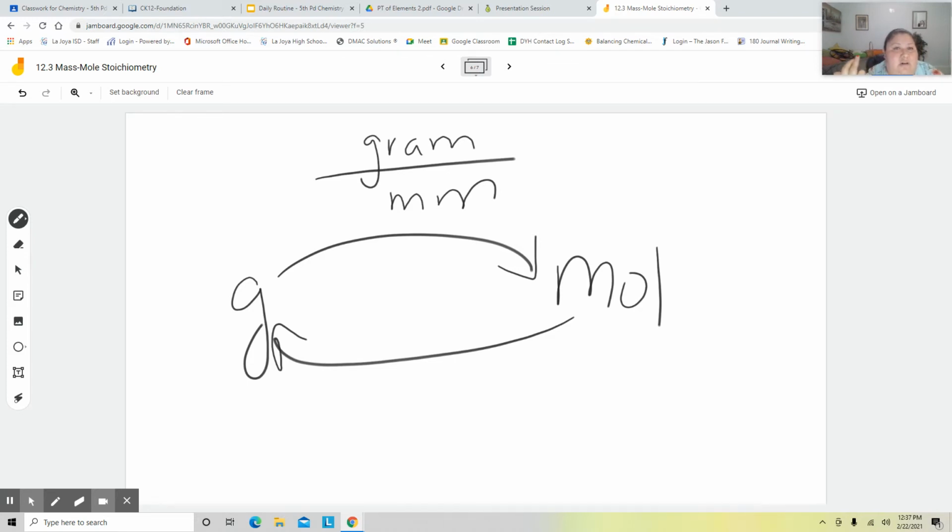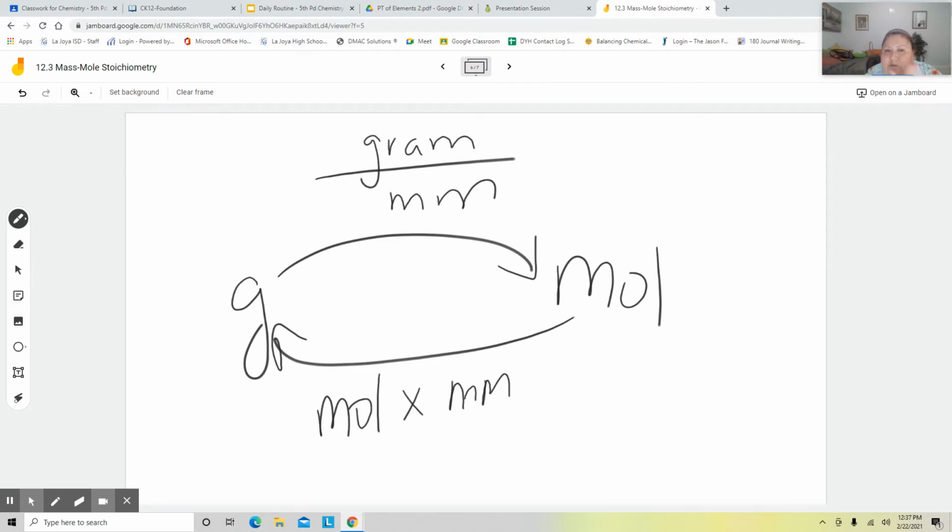If you're given moles going to grams, the opposite is true. You will take your moles and multiply by molar mass. See what I mean by the opposite is true? First, we were dividing by molar mass. Now we're multiplying by molar mass.